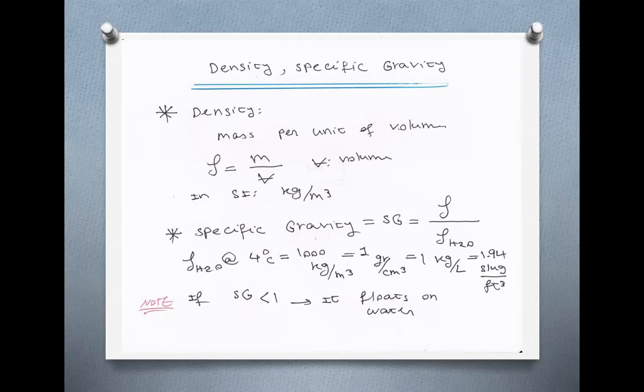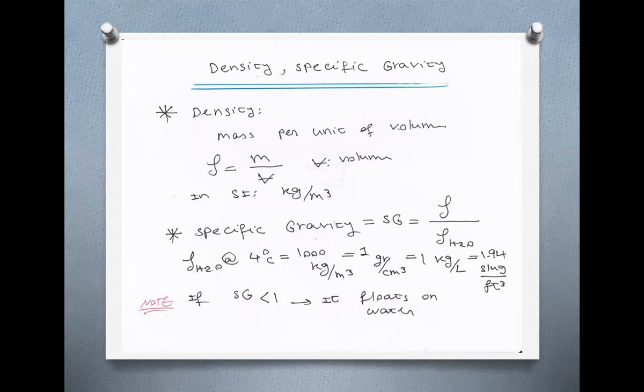It's also equal to 1 kilogram per liter, because 1 meter cubed is equal to 1,000 liters. In the British gravitational system, it is 1.94 slug per feet cubed.